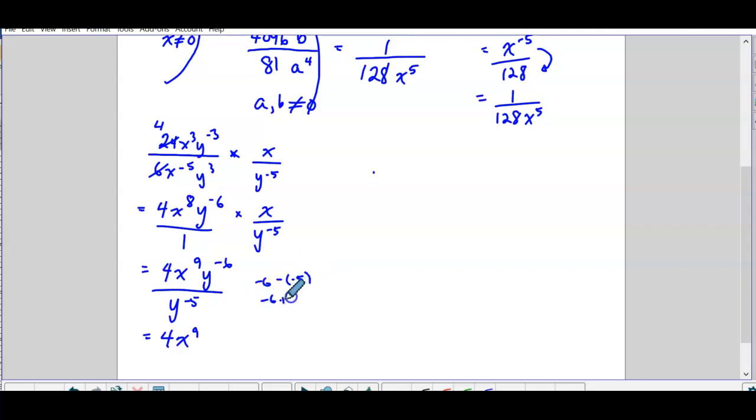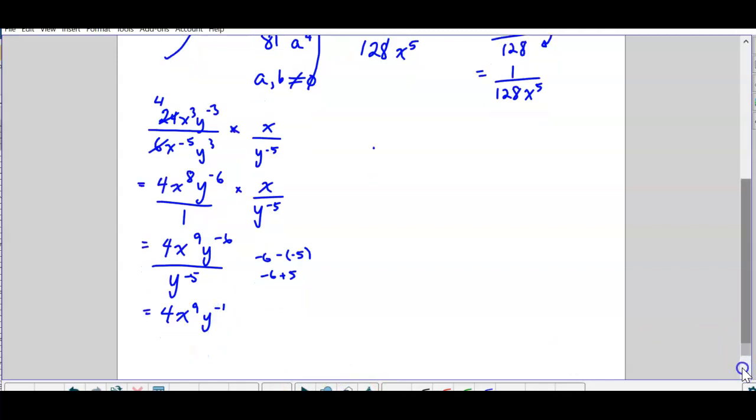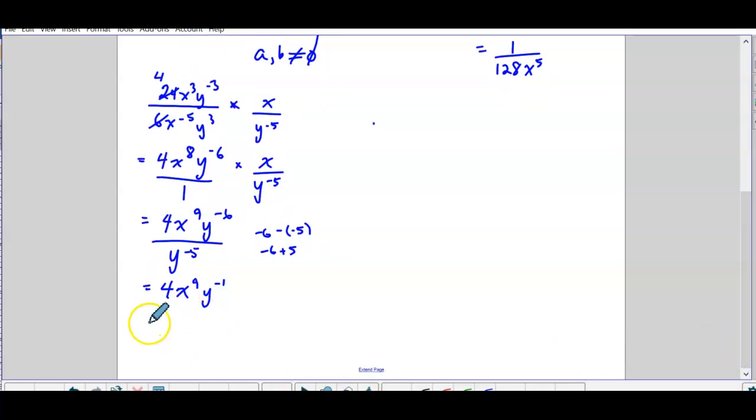So negative 6 plus 5 is negative 1. But I'm still not done because I have a negative exponent. So the 4x to the 9 stays, and to make that a positive exponent, it has to go to the denominator. And I don't need to show a positive 1. Okay. Again, you could have done this in slightly different order of steps because it's all multiplying and dividing, but you should end up with this as your final answer.